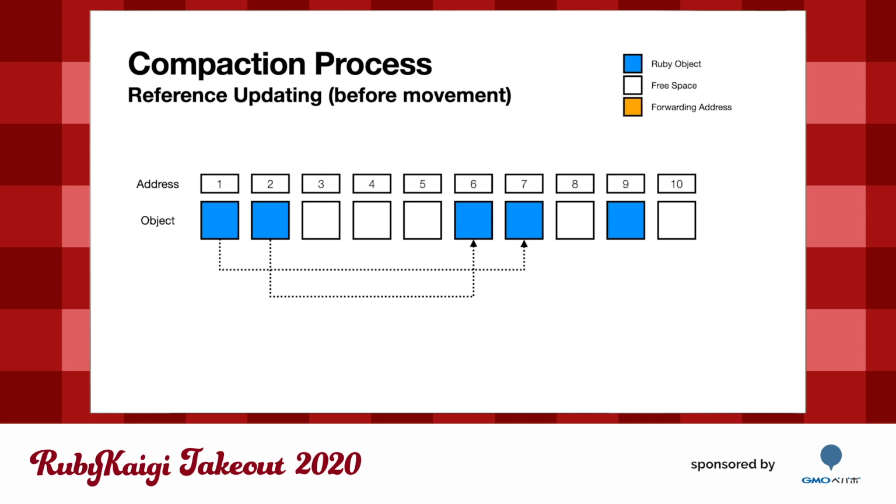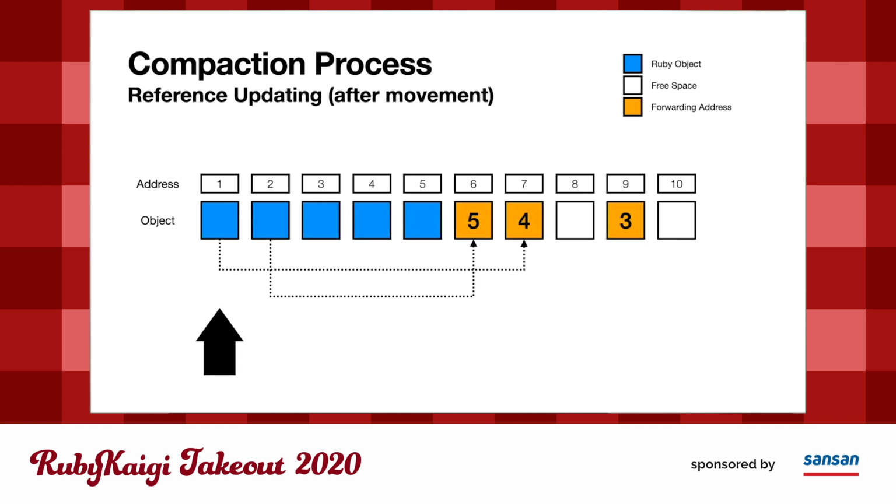Here is the same heap layout. Before compaction, maybe some of the objects have references to each other like this. But when the objects get moved around, the references will become bad. After the objects have moved, the heap looks like this. The references have become bad, so we need to update all the references.